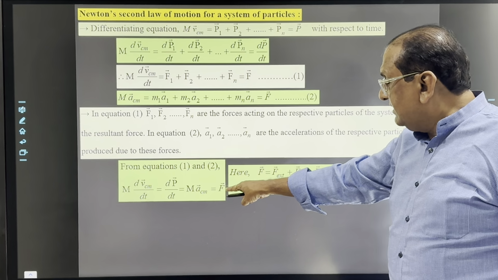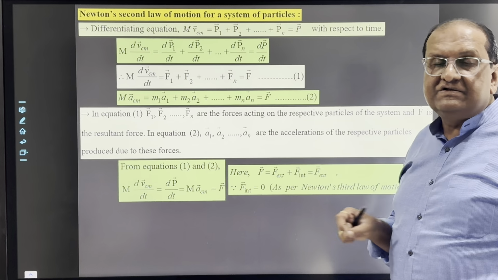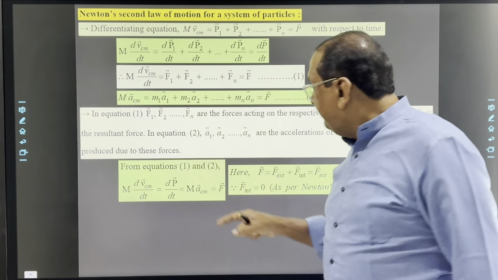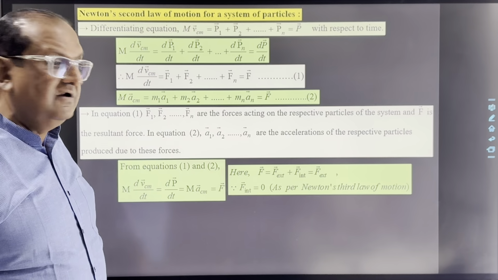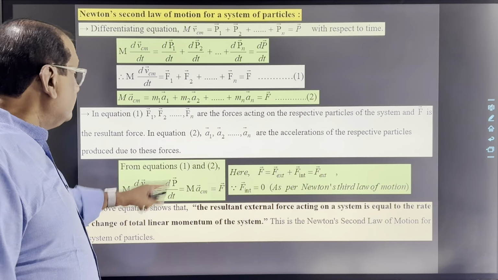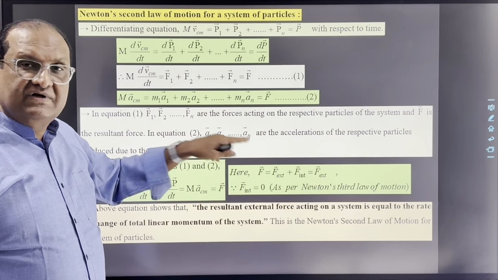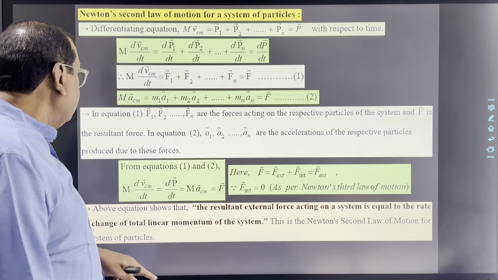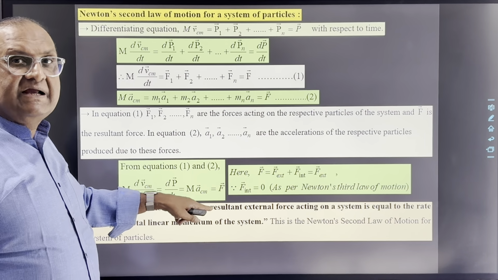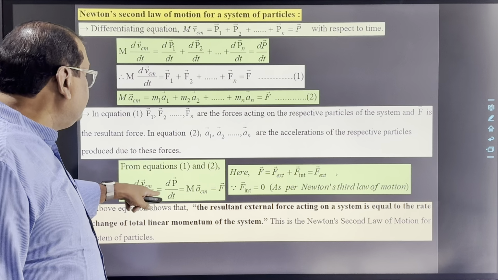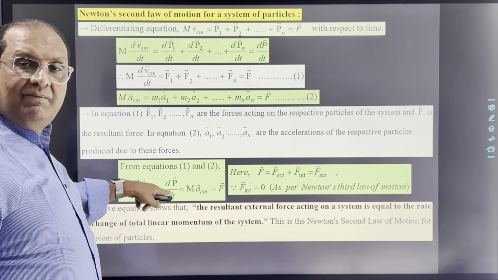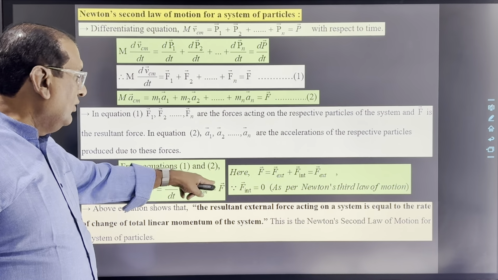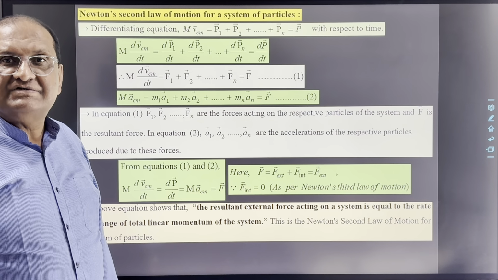So whatever the resultant force or net force appears acting on a system of particles, itself is external force, right? So now we can say this is Newton's second law of motion, because as per Newton's second law of motion, the rate of change of the total linear momentum is equal to external force, right?